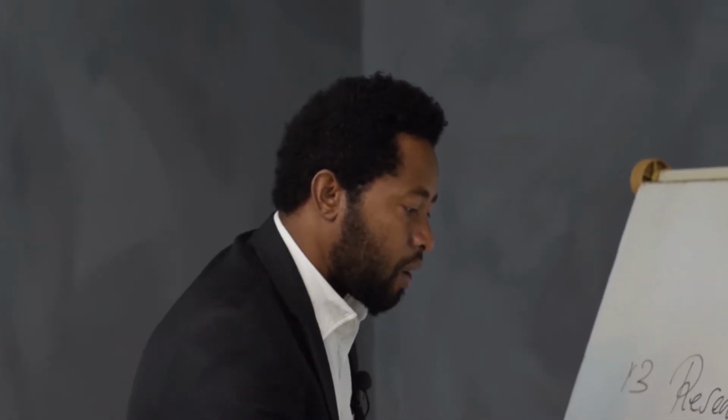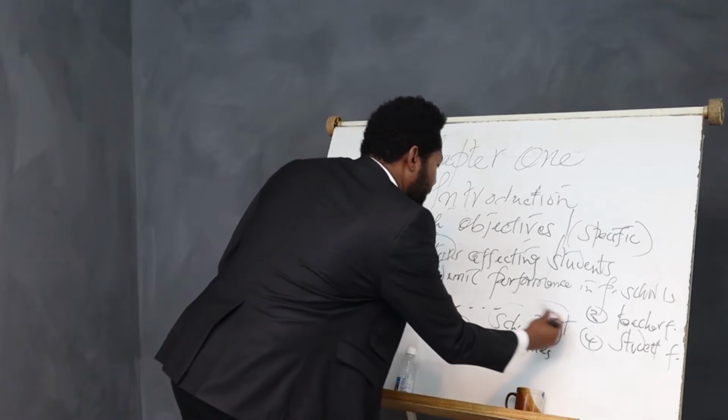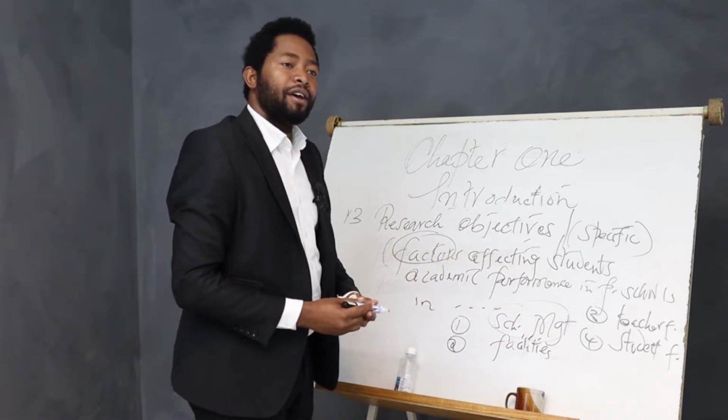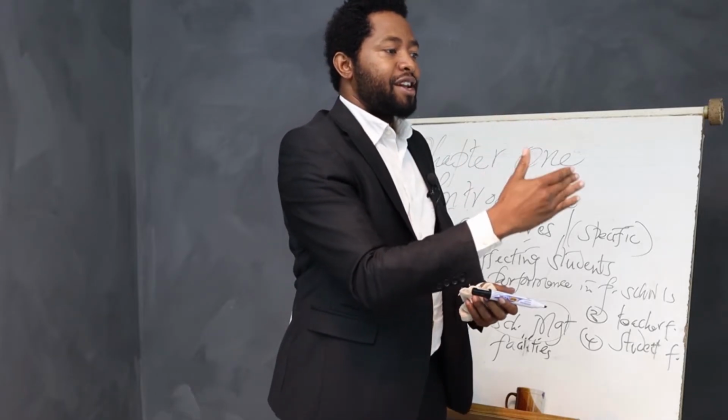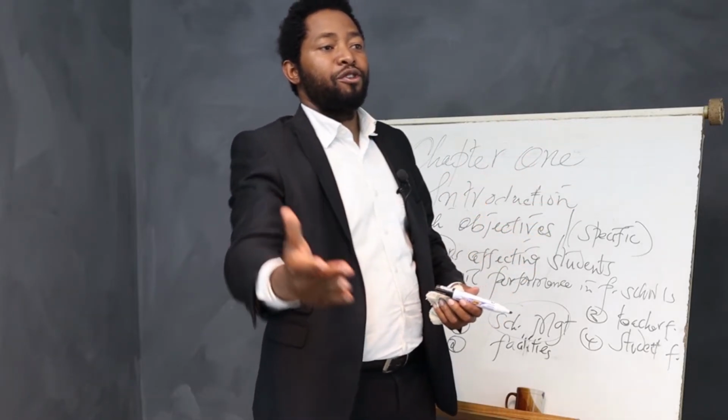So in this case, we take, for instance, school management. Objectives are just statements, but questions are put as questions. Research objectives are put in statement form, and research questions are those statements put in question form.